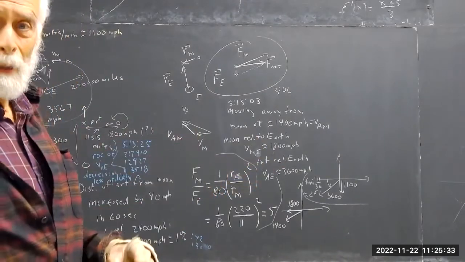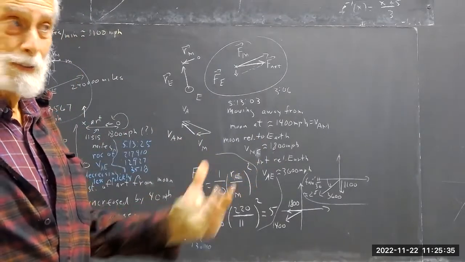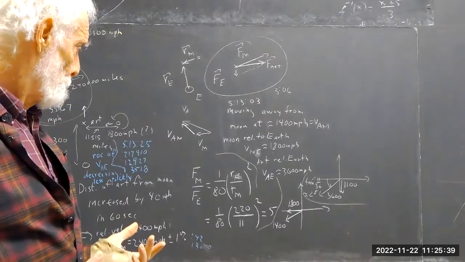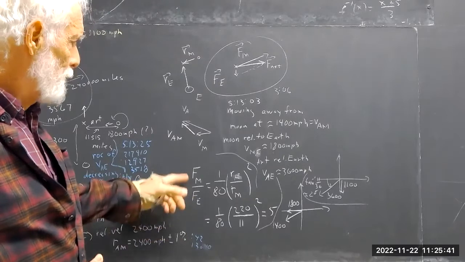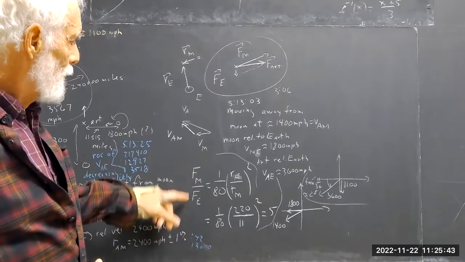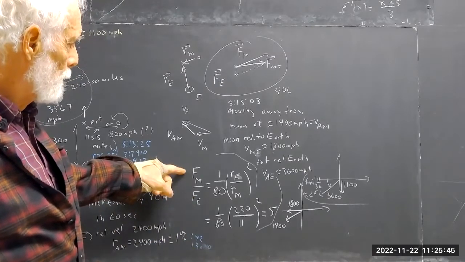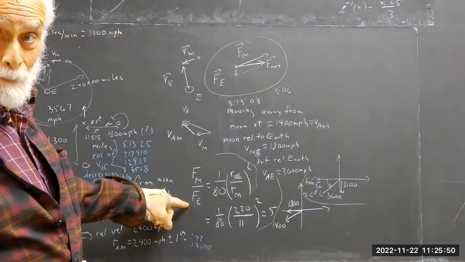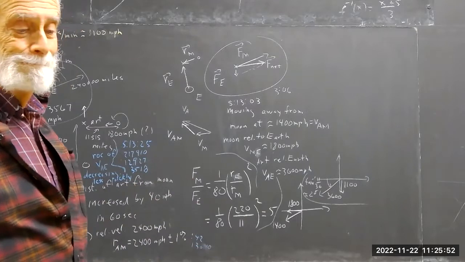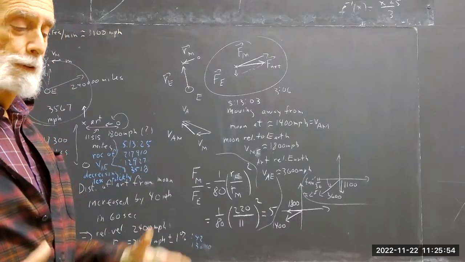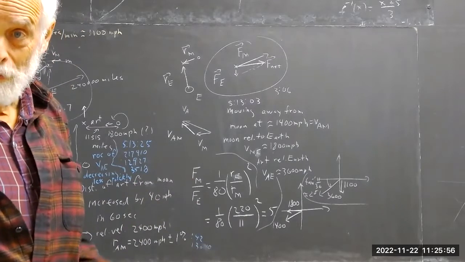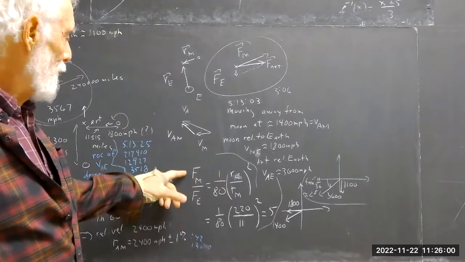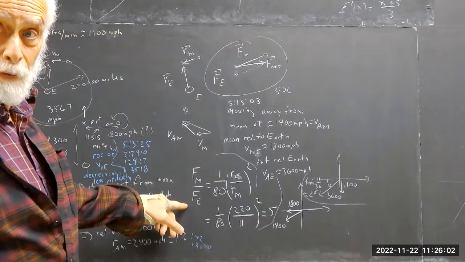That pass to the moon happened yesterday. The thing was launched 6 days ago. This tells you the ratio of the force exerted by the moon to the force exerted by the Earth. Now, when you're like 80 miles from the surface of the moon, you're just a little over 1,000 miles from the center of the moon. And the force exerted by the moon is 1,000 times the force exerted by the Earth.